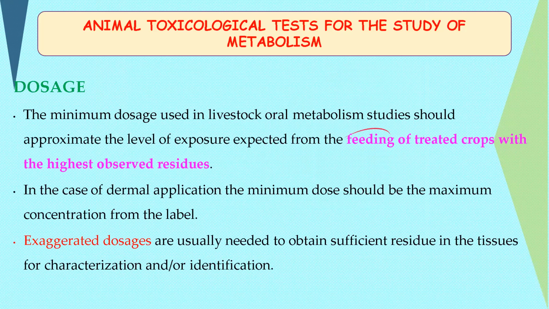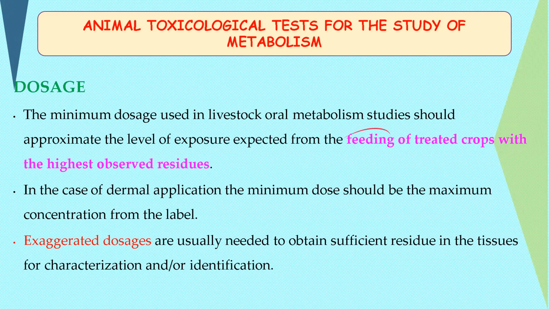Regarding the dosage of a chemical, suppose you want to know the cypermethrin concentration, especially in a tissue or milk, etc., the minimum dosage used in livestock oral metabolism studies should approximate the level of exposure expected from feeding treated crops with the highest observed residues.